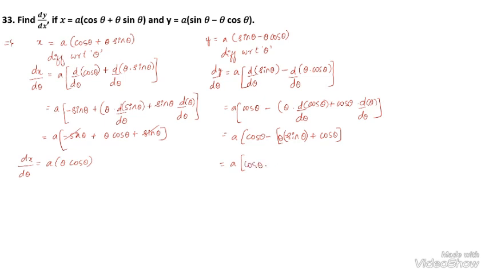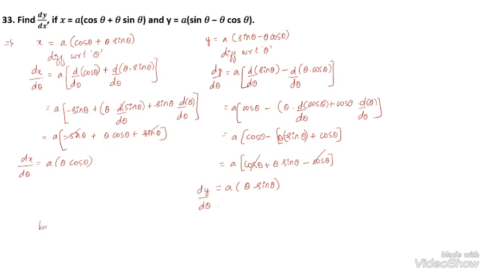Minus into minus becomes theta into sin theta. Again there is a minus into plus, it becomes minus cos theta. Now here cos theta gets cancelled. a into theta sin theta. It is dy by d theta.